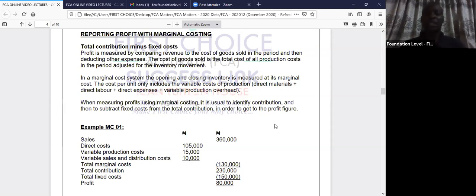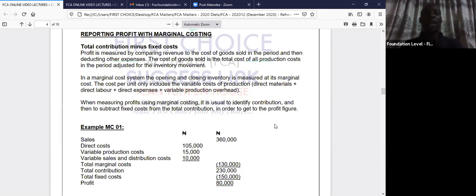But because of decision making, management can also use the marginal costing reporting style. That means we must make judicious use of total contribution. And I said total contribution is what we call marginal profit.